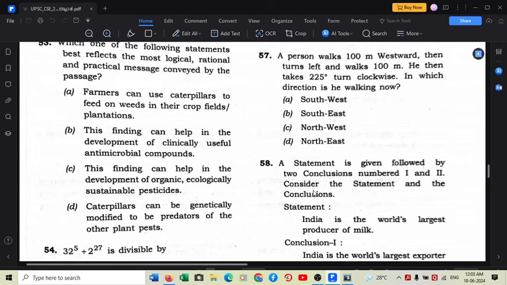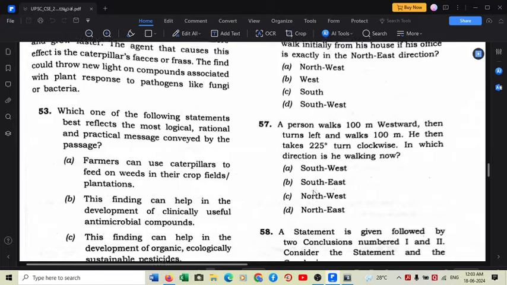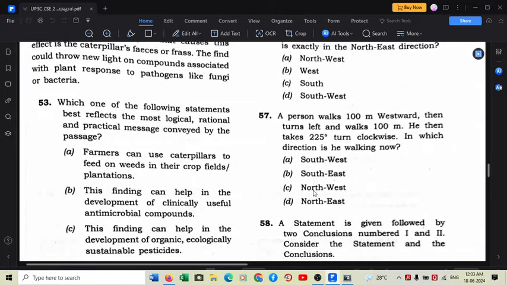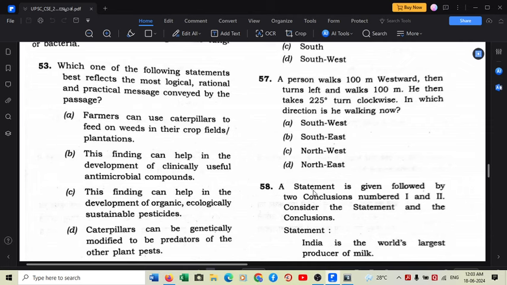Option D: caterpillars can be genetically modified to be predators of other plant pests. Definitely, if caterpillars are able to release an agent which compromises the plant's defense, then caterpillars can be genetically modified to be predators of other plant pests.